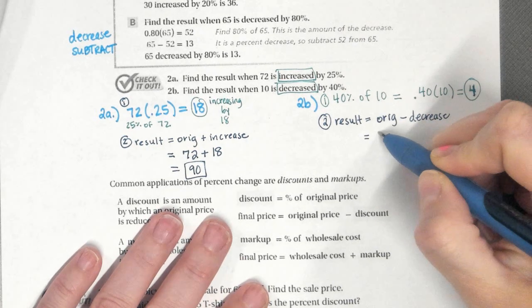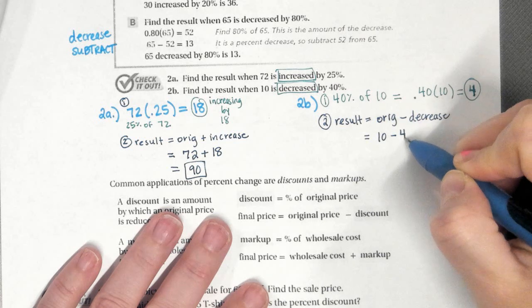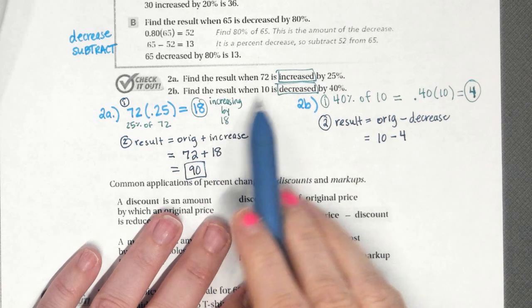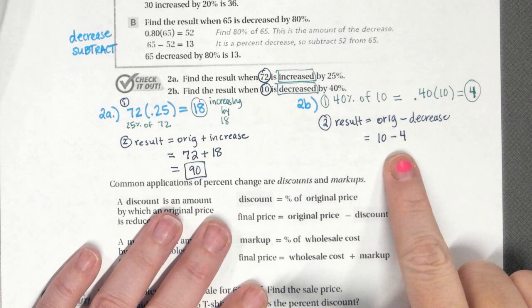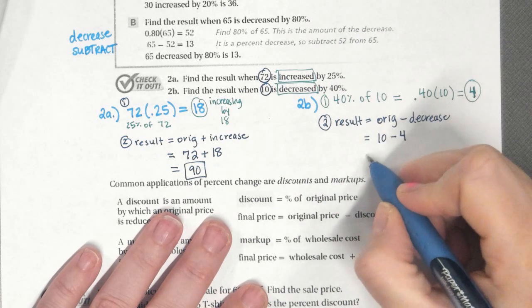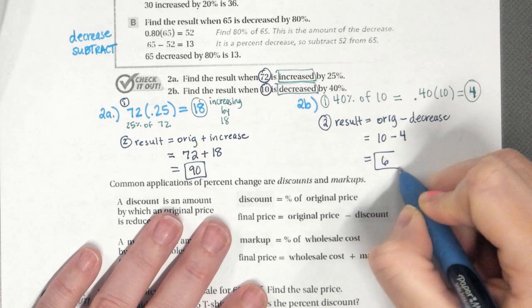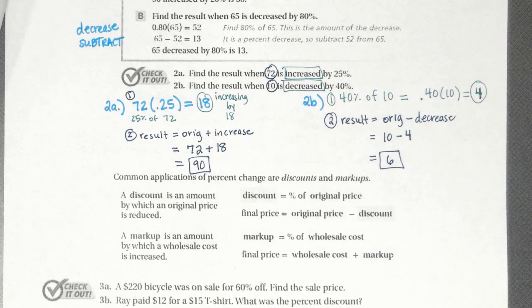Okay, so we're going to do 10 minus 4. The original is always going to be what's given to you in the problem. And then your final answer will be 6. Okay?